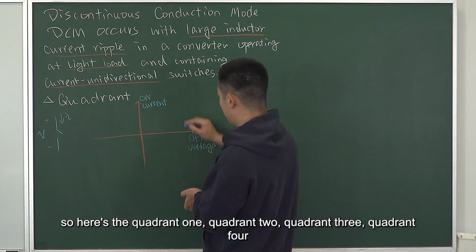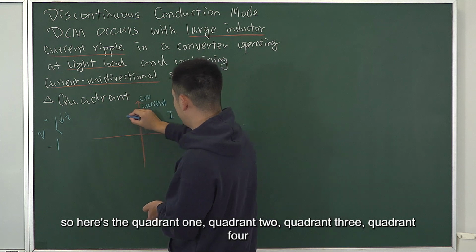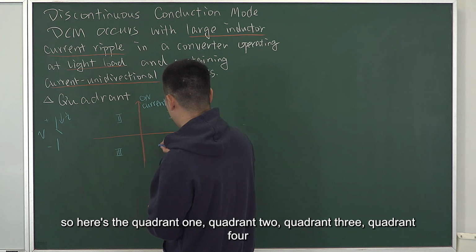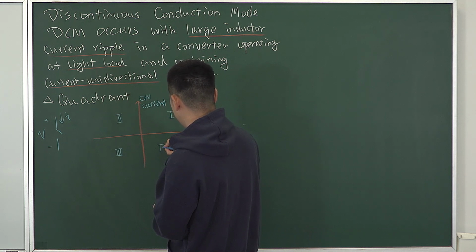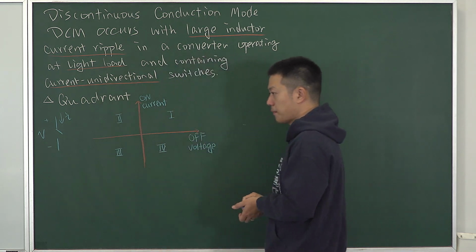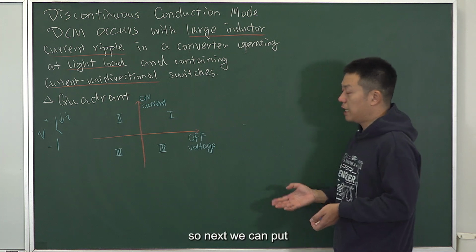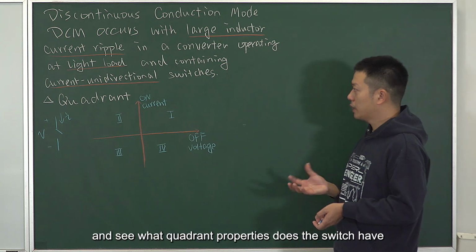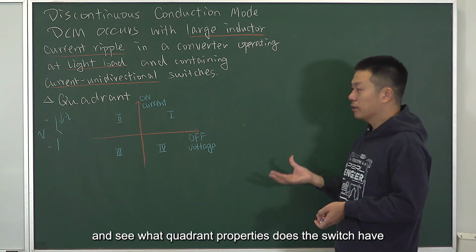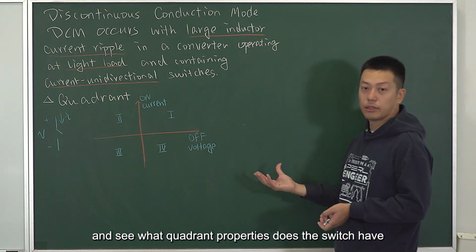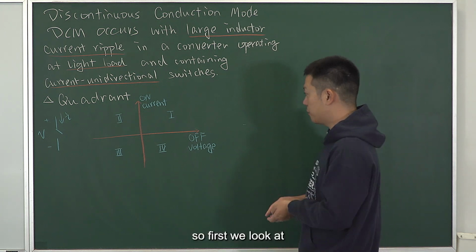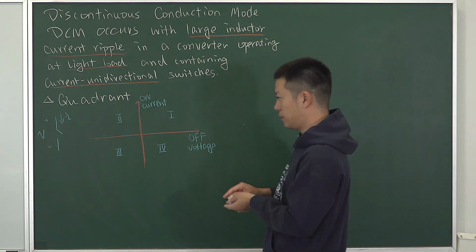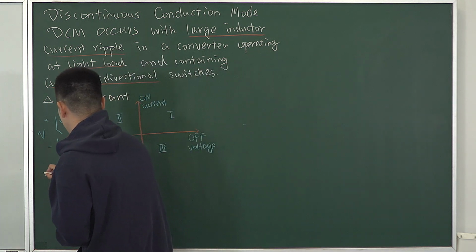Here's quadrant 1, quadrant 2, quadrant 3, and quadrant 4. Next, we can put different switches into this plane and see what quadrant properties the switch has. First, we look at the most fundamental switch, which is the single quadrant switch.